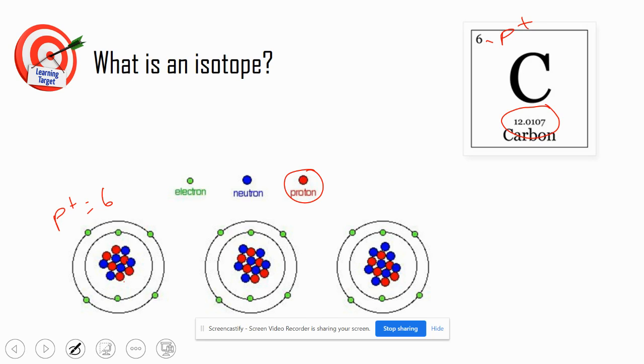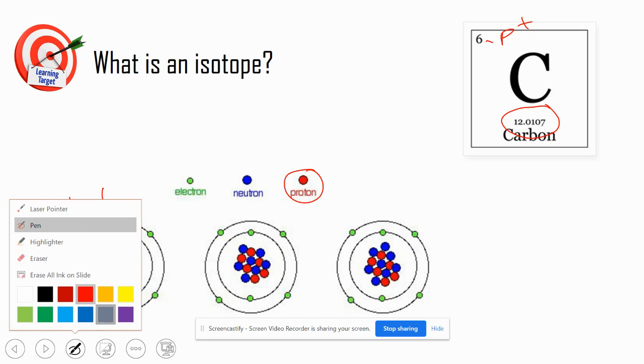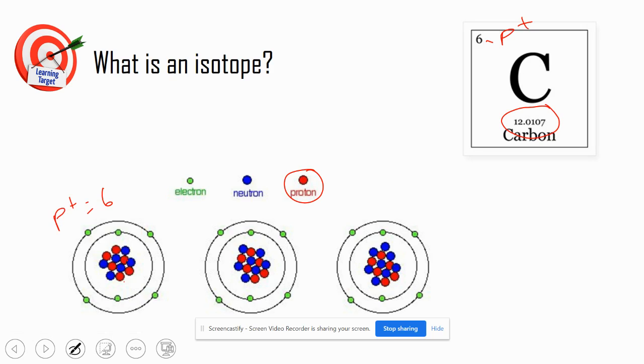Let me change the color of my pen here. We have 1, 2, 3, 4, 5, 6 neutrons, so neutrons equals 6. Well, 6 and 6 is 12, and that's pretty close to what it normally is. One last thing to check, let's make sure that this isn't an ion. Let's count up those electrons. We have 1, 2, 3, 4, 5, 6 electrons, which would mean it's neutral.